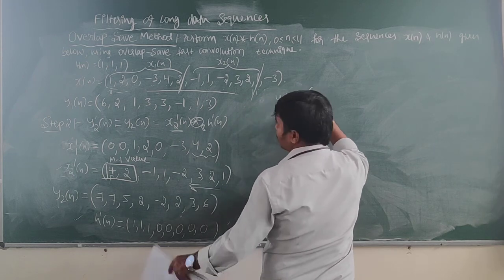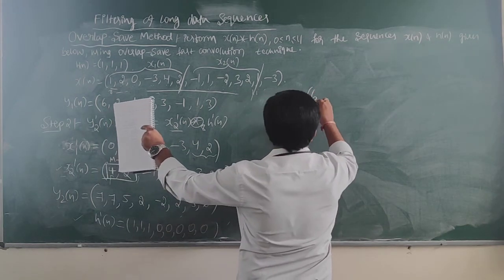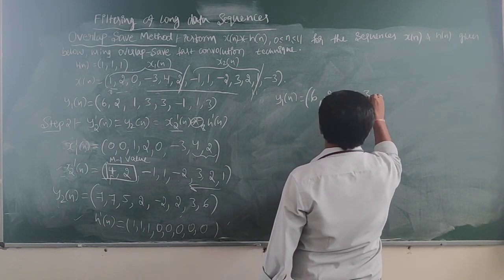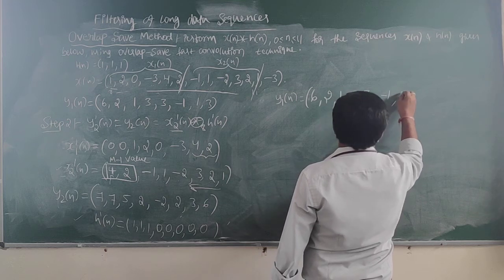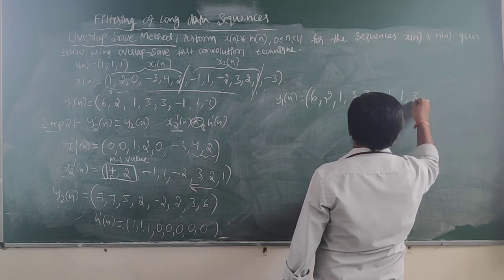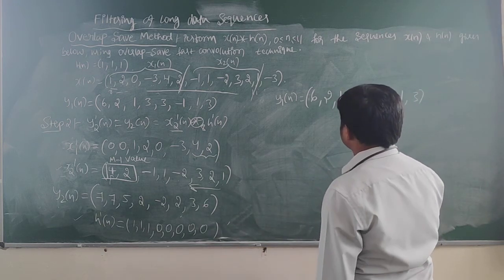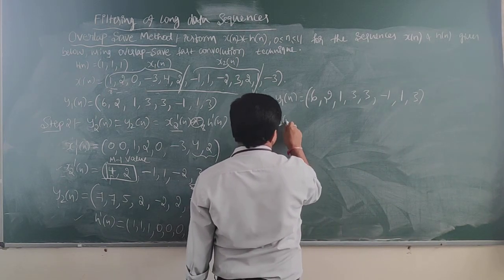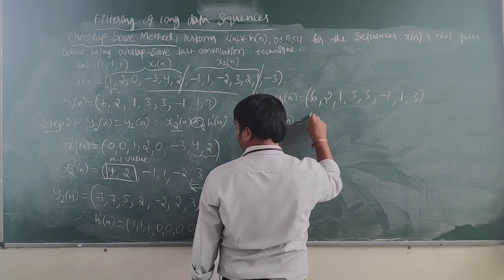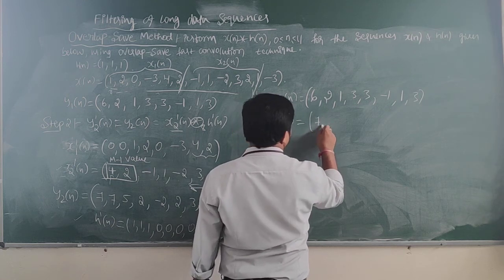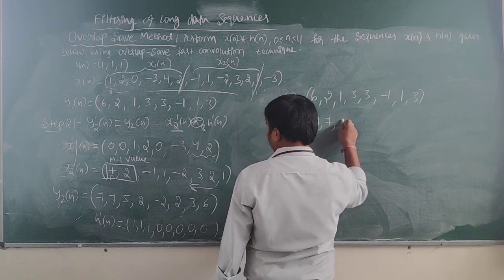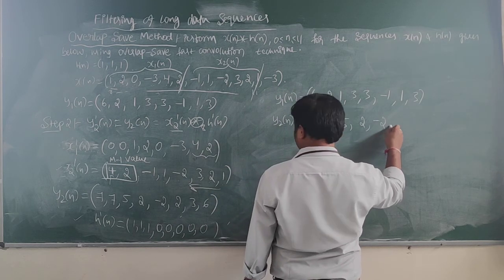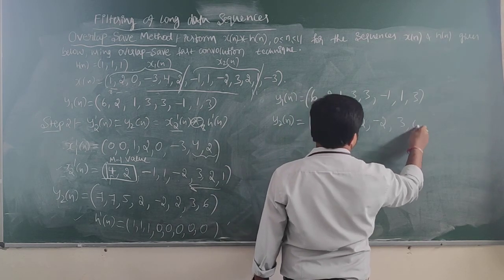The sequence of y1 of n is 6, 2, 1, 3, 3, minus 1, 1, 3, and y2 of n is 7, 7, 5, 2, minus 2, 2, 3, 6.